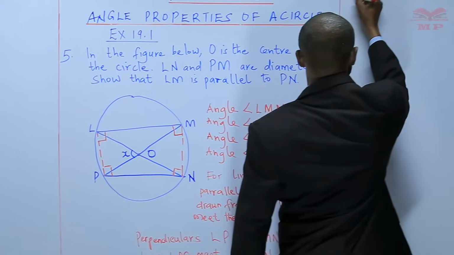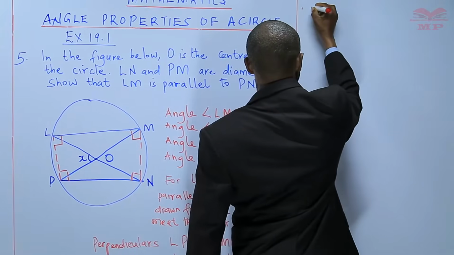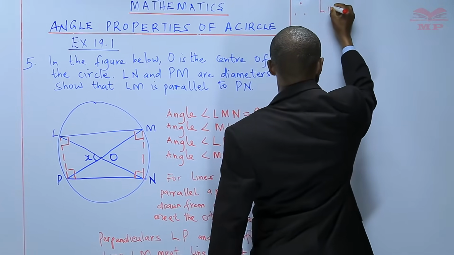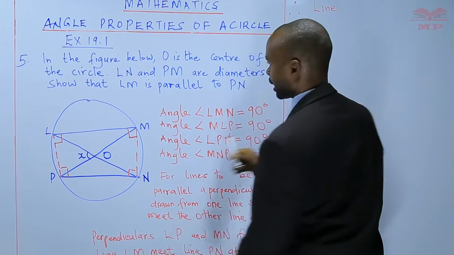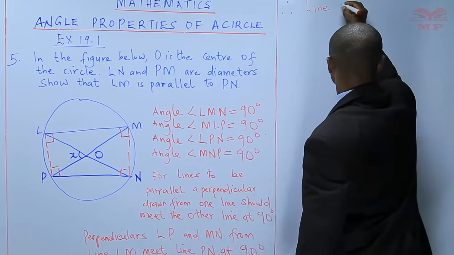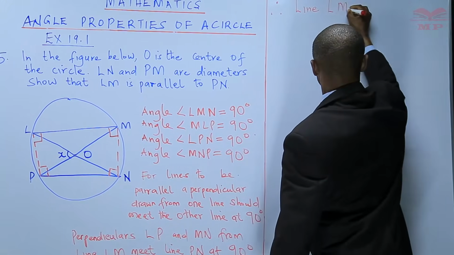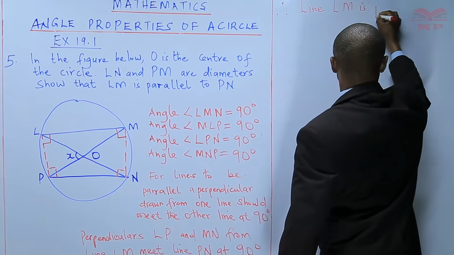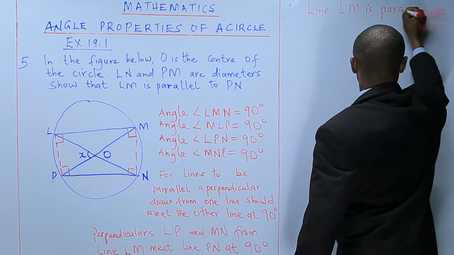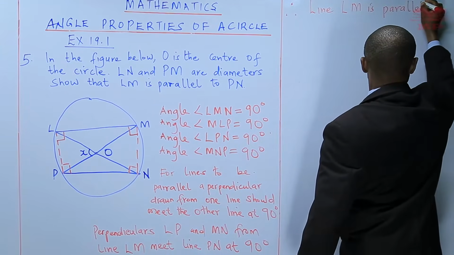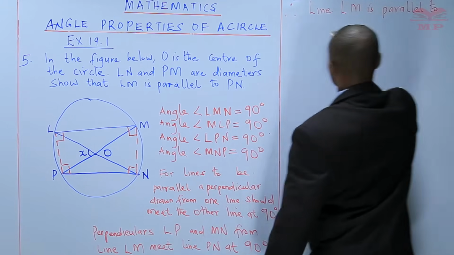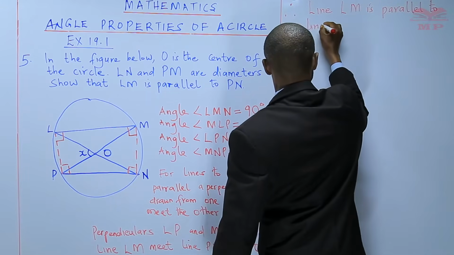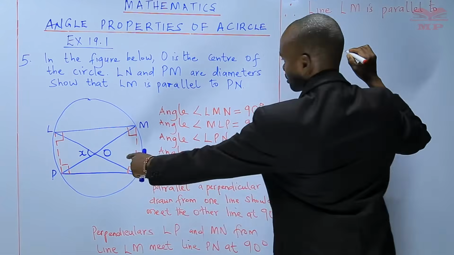Therefore, line LM is parallel to line PN.